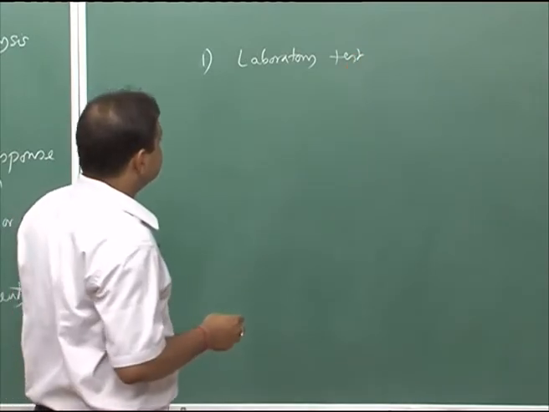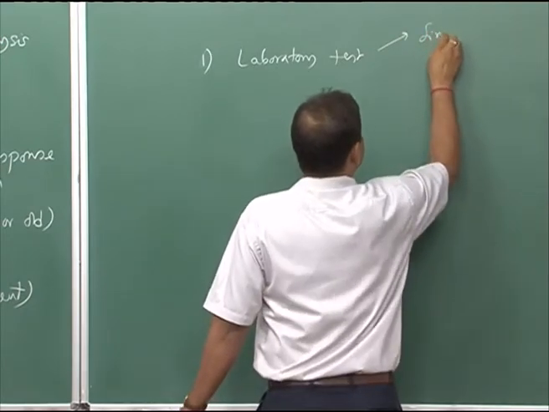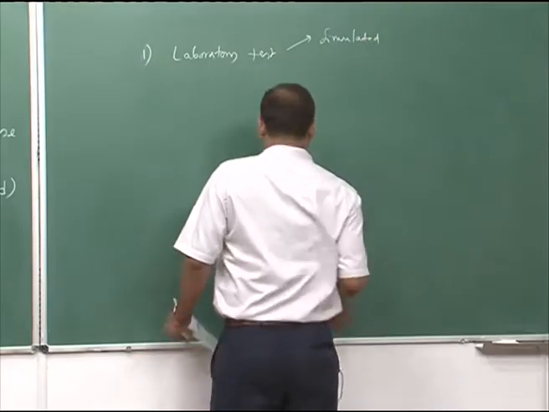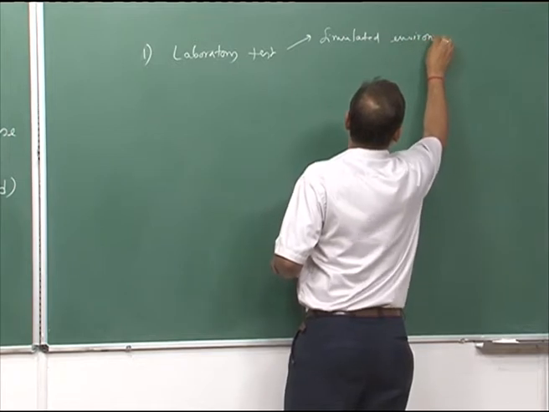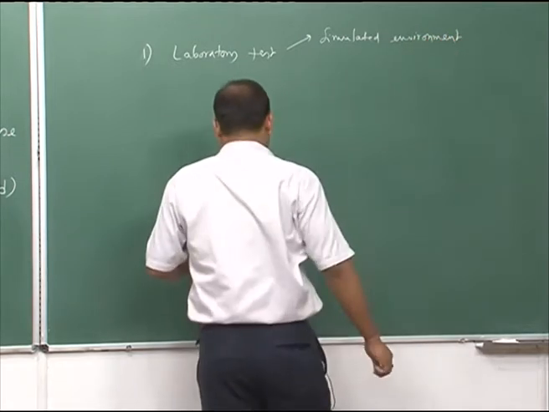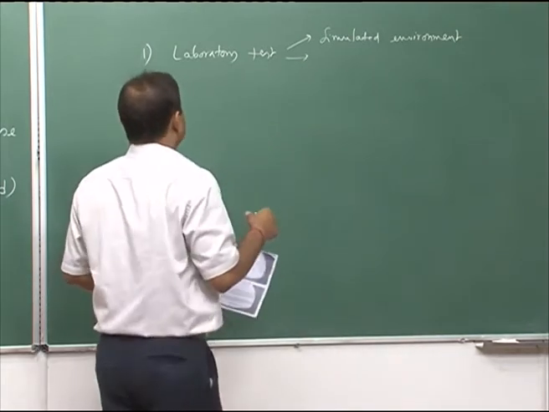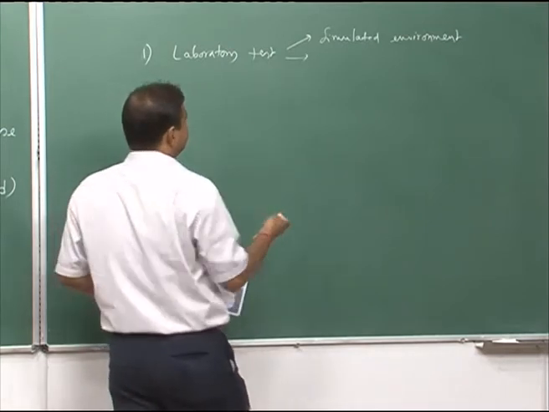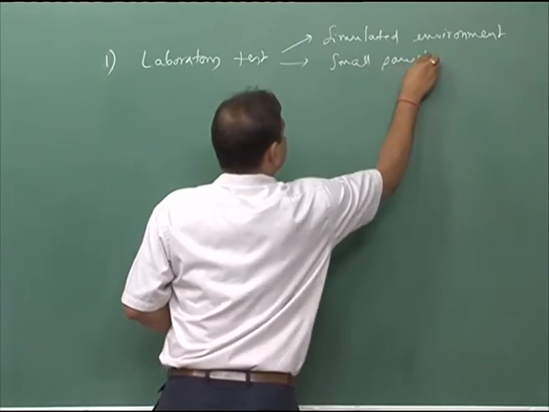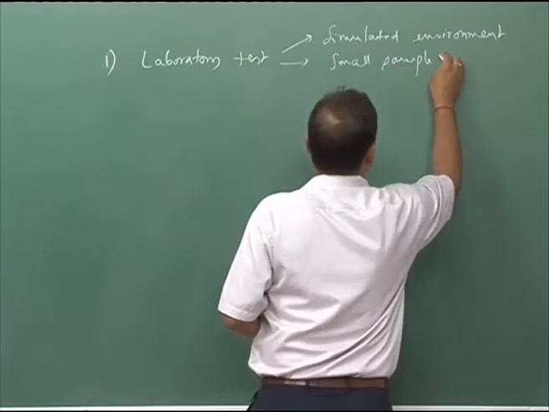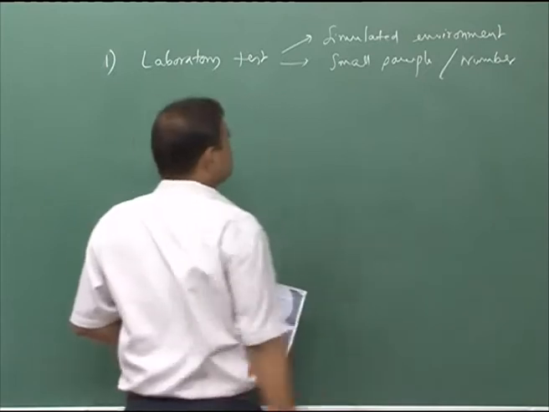In case of laboratory test, as discussed, it is basically a simulated environment in the lab, and when we perform the test, the sample size would be small, and the number of samples would also be small.